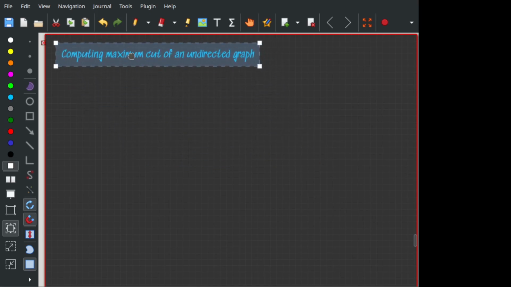Let's look at one last example. And this is a problem from computer science. All right. So it arises in a number of other areas, such as networks. And the problem is as follows. So suppose I give you a graph, right? You're all familiar with what a graph is.